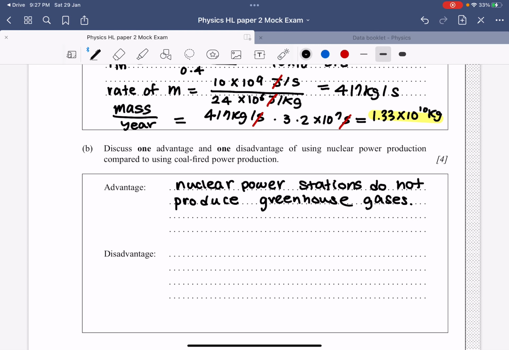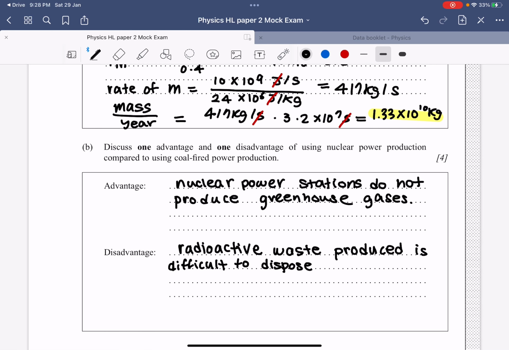However, one of the bigger answers is that for coal-fired power production, there is no waste, or if there is waste, you can dispose of it. However, when we use nuclear power, the radioactive waste produced is difficult to dispose of.